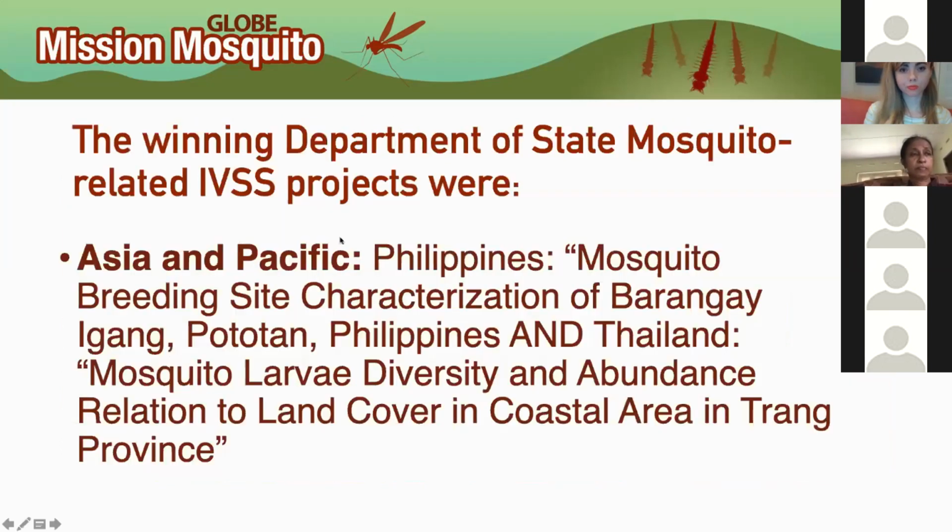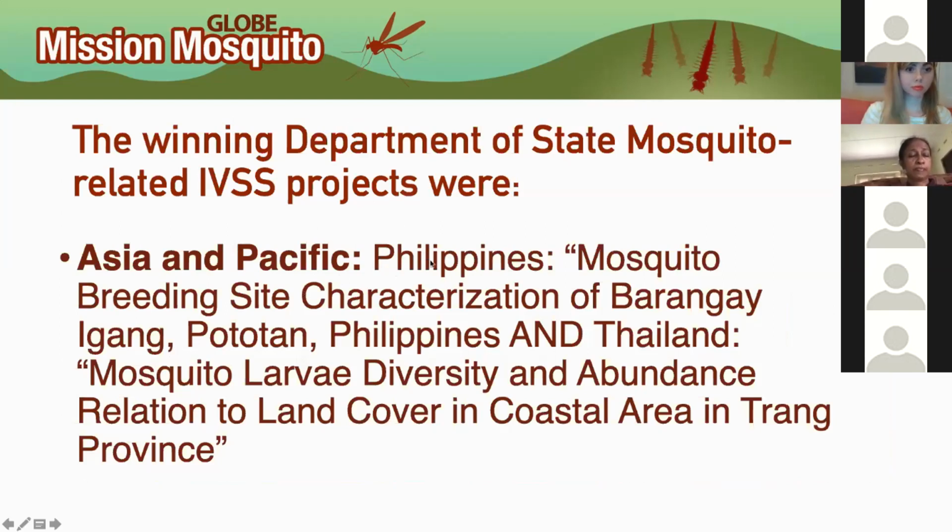So from the Asia and Pacific for 2020, these are some of the reports that were awarded the Department of State award for being just very excellent international virtual science symposium reports.